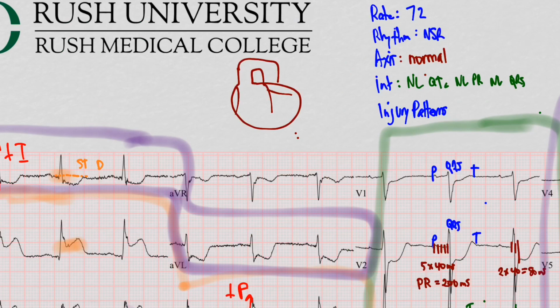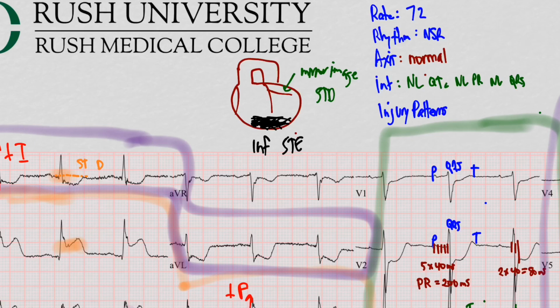We know we had ST segment elevations in the inferior part of the heart, right? So we're going to make it black because that's infarcting tissue. So we know we had inferior ST elevations. And then we had kind of the mirror image of it up here in the high lateral leads, right? The mirror image of it, because we didn't have ST elevations, we had ST depressions. We call those actually reciprocal changes.